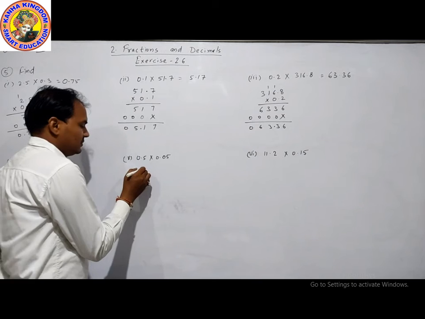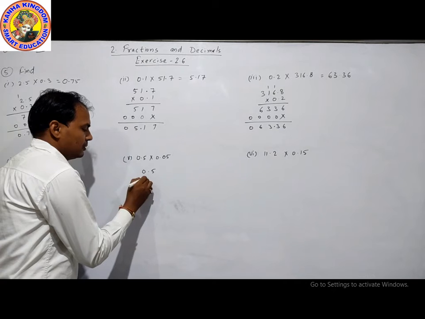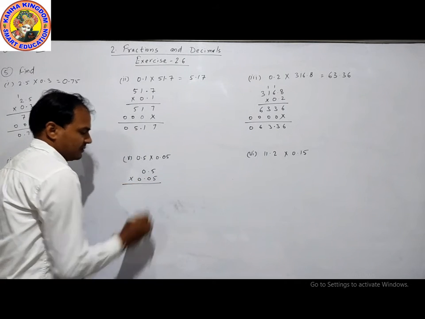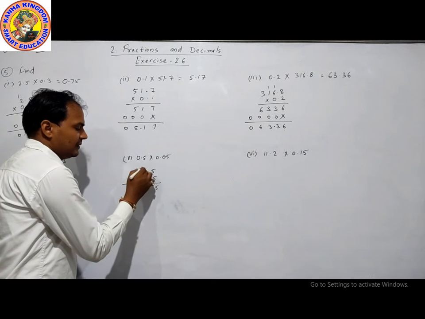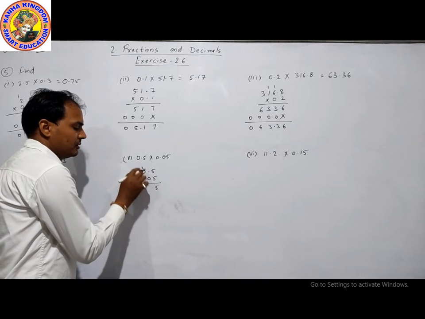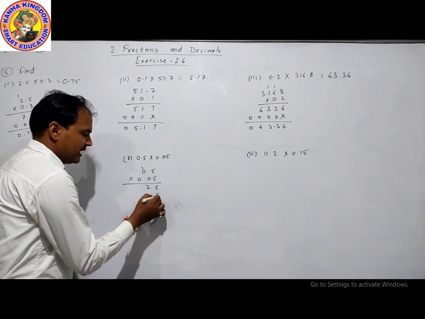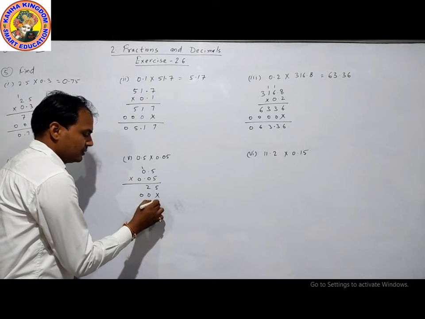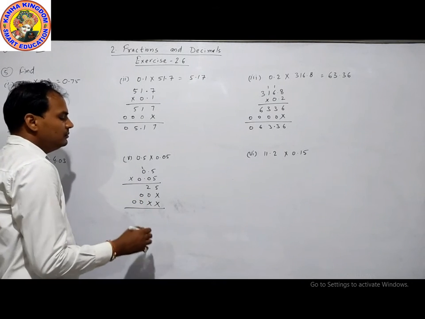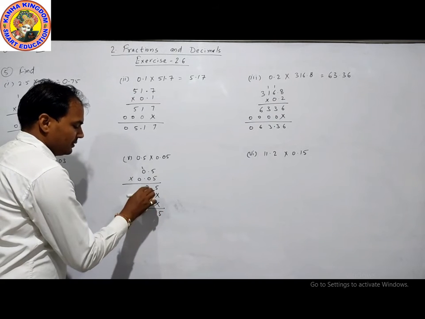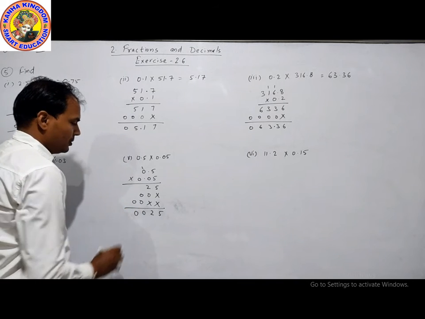Next is 0.5 multiply 0.05. Now 5 into 5 is 25. 5 into 0 is 0, plus 2. Then 0, 0, 0.